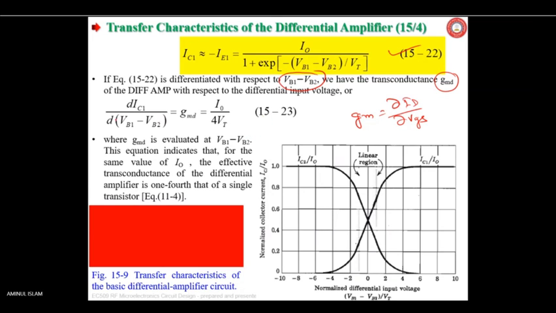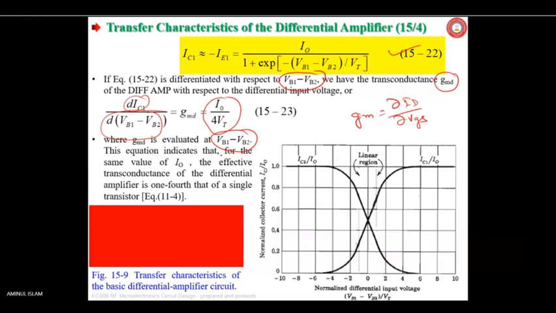The same thing, output current differentiated with respect to base voltage difference. GMD equals IO by 4Vt.